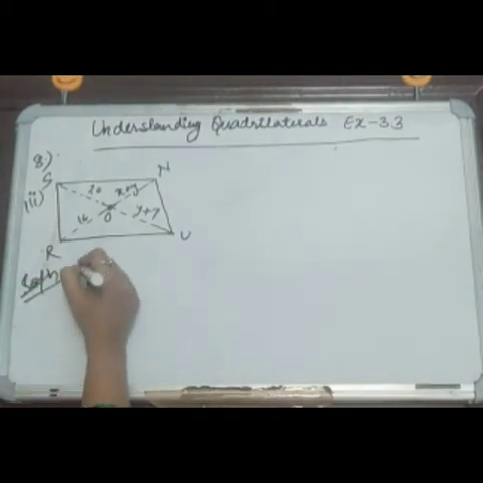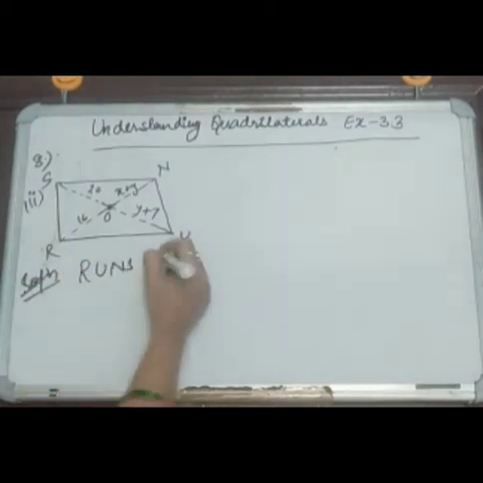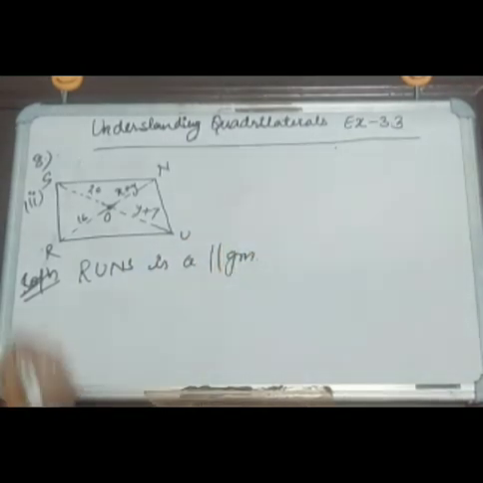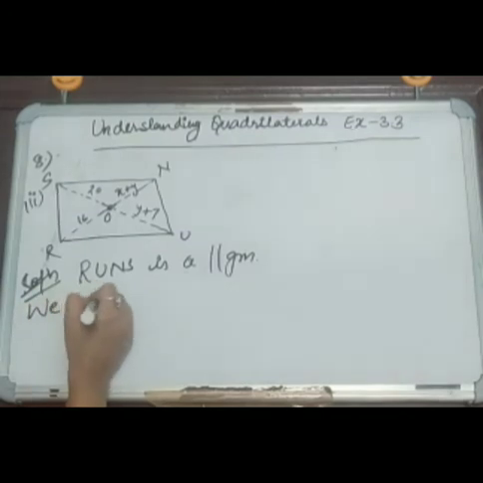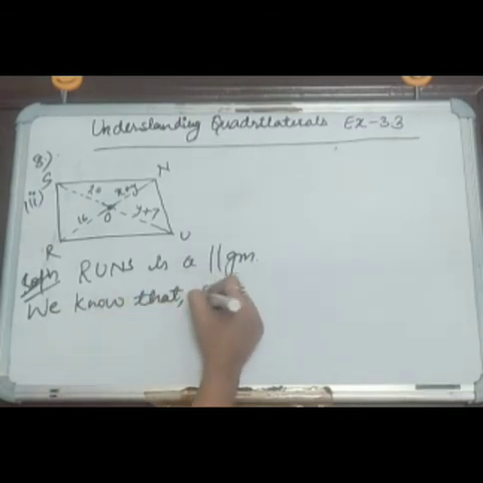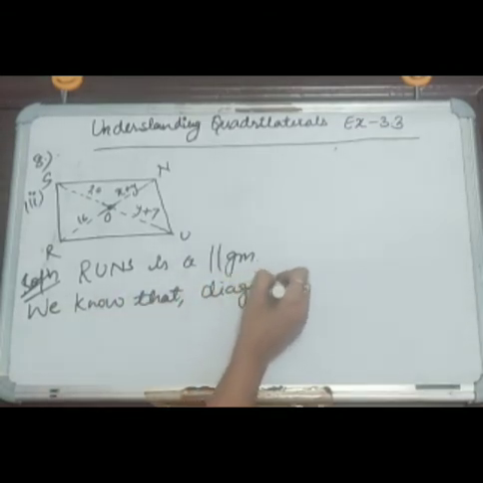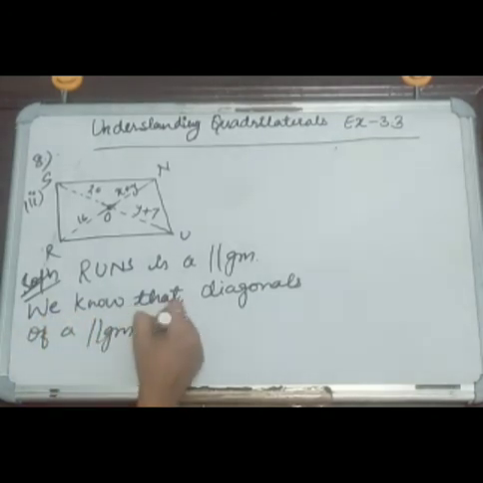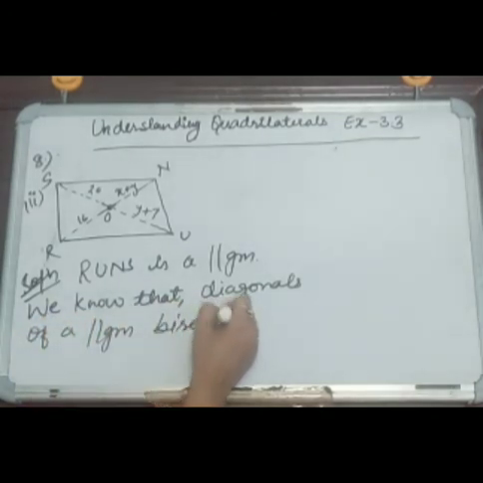So I will write that this RUNS is a parallelogram, and we know that diagonals of a parallelogram bisect each other.